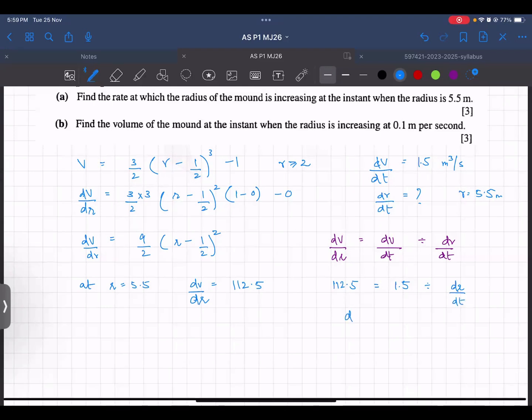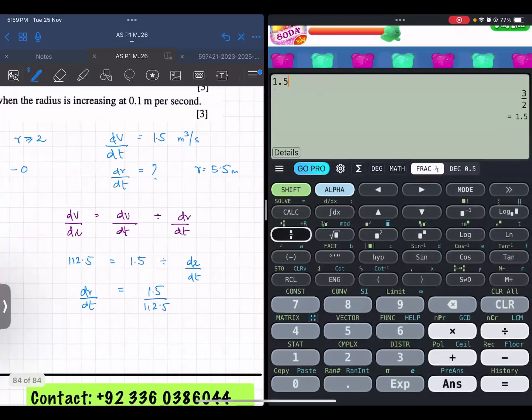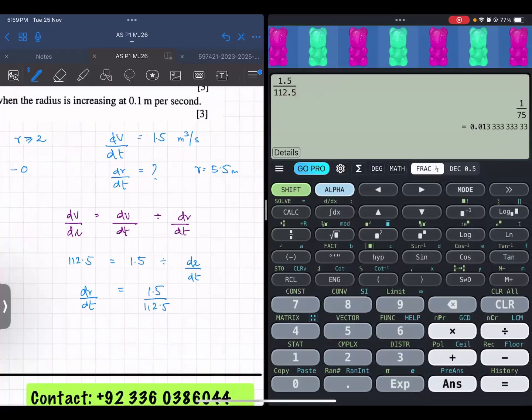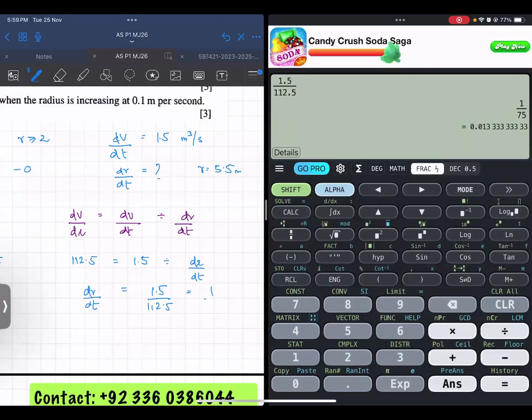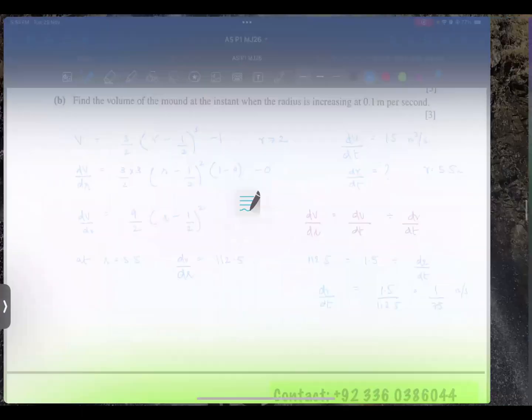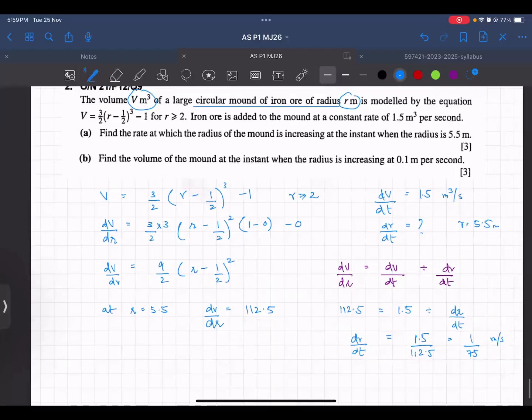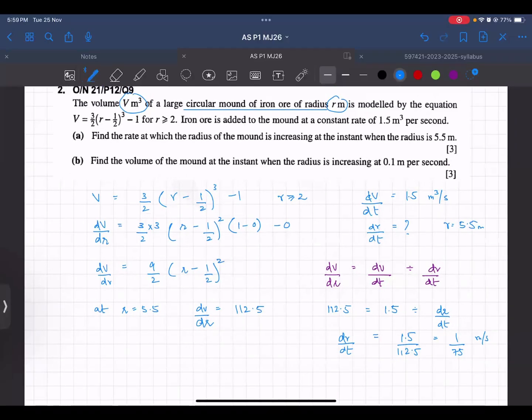So if we make dr upon dt the subject, it would again be 1.5 upon 112.5, which is 1 upon 75 meter per second. Isn't it? Radius per time. This is the answer.